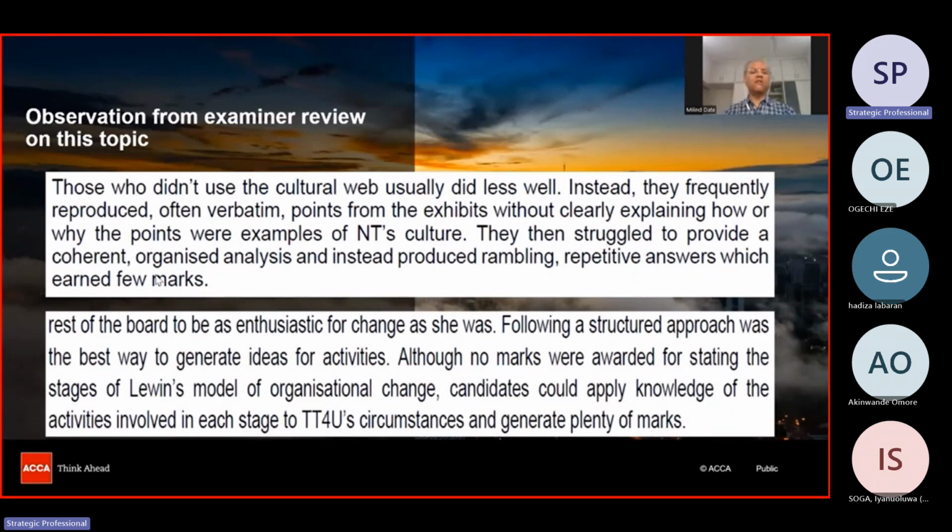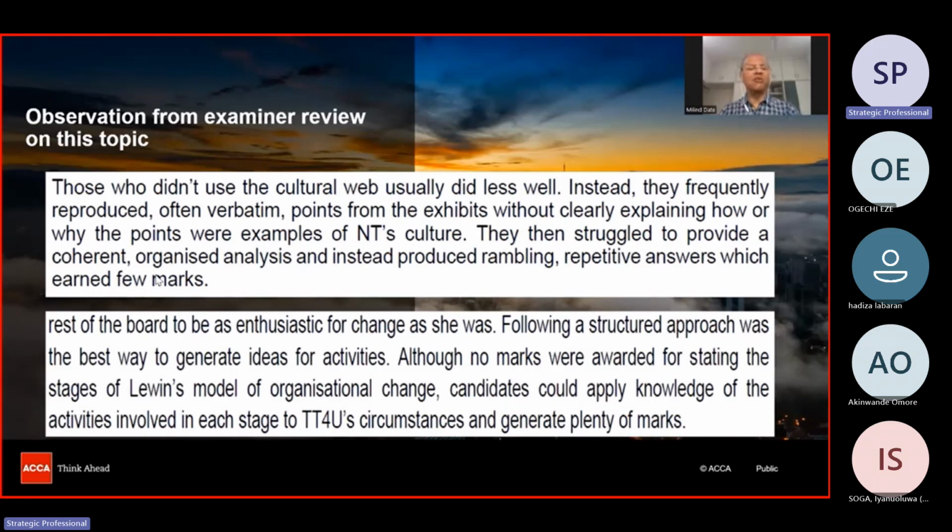There was a question in one of the past exams on analysis of the existing culture of the organization. And what the examiner says here is that students who didn't do well in cultural analysis frequently reproduced points from the exhibit, so copy-pasted without even explaining how and why the points were examples of that company's culture.